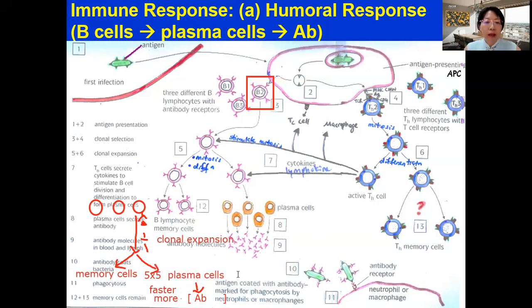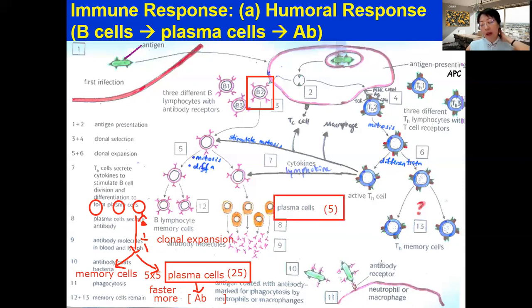Altogether we have 25 plasma cells that secrete antibody, versus only 5 plasma cells in our primary immune response. Obviously, 25 plasma cells will secrete more antibody than 5 plasma cells. How many times more? 5 times more.